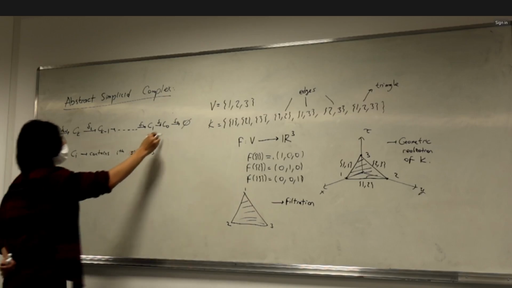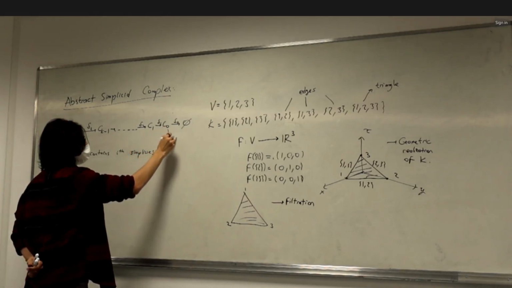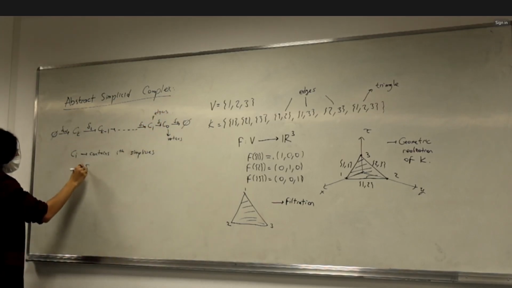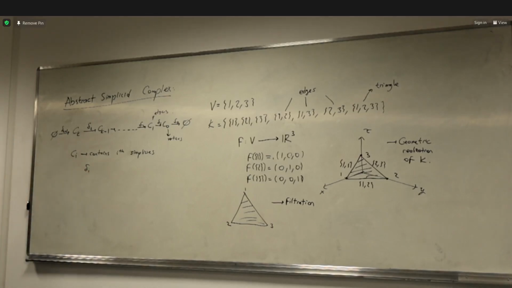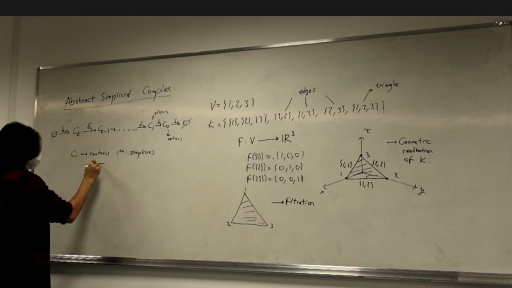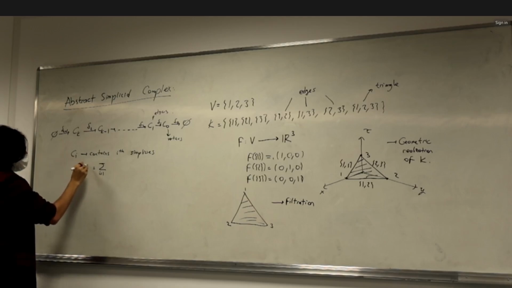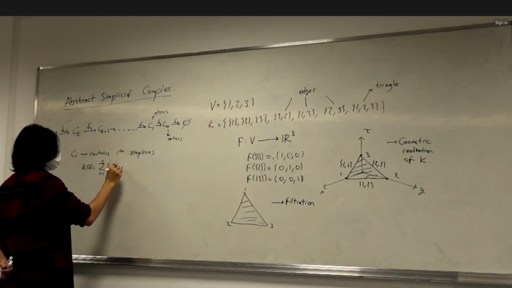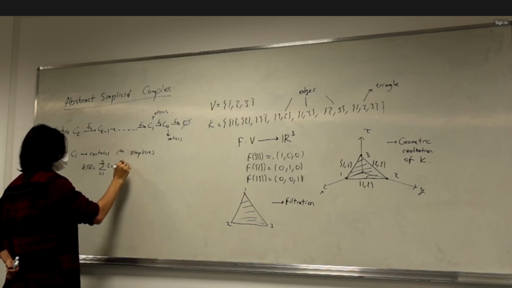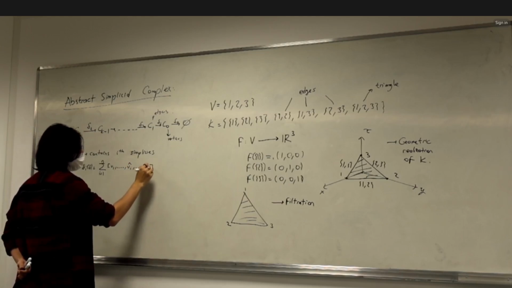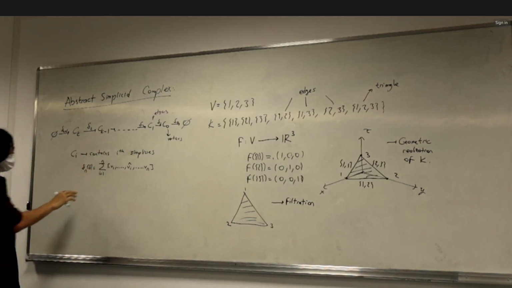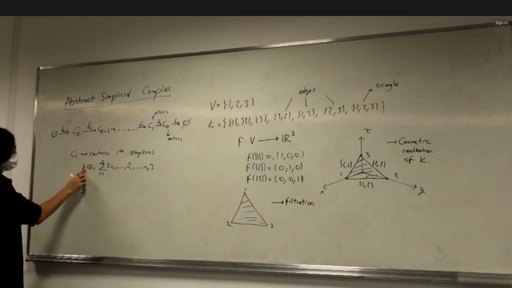So for instance, this will again contain vertices, this will contain edges, etc. And we have the boundary maps phi i, which is defined as... sorry, I made a mistake.